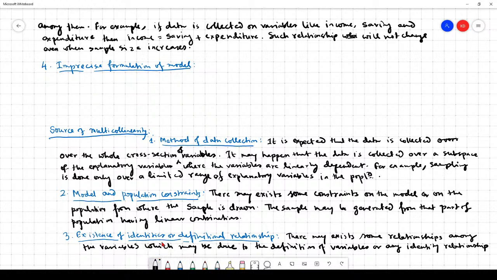The formulation of the model may unnecessarily be complicated.